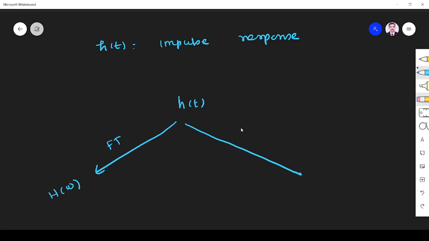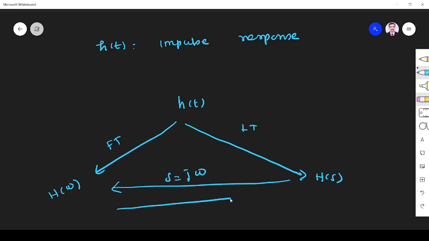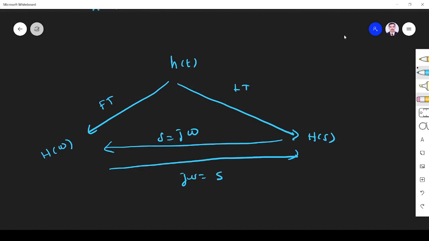If you take the Laplace transform of this, what you get is H of s, right? How can you convert Laplace into Fourier? We have to replace s by j omega. How can you convert Fourier into Laplace? j omega is equal to s. So this is a very important triangle. From this you can answer any question. H of t, we know it is the impulse response.